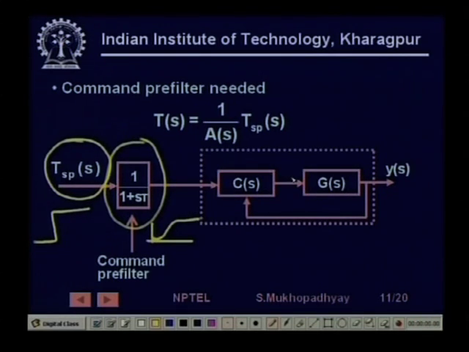In such a case, the control input saturation, U saturation, will not take place and you can still control it. This is a very simple example of how a feed forward controller can be designed.